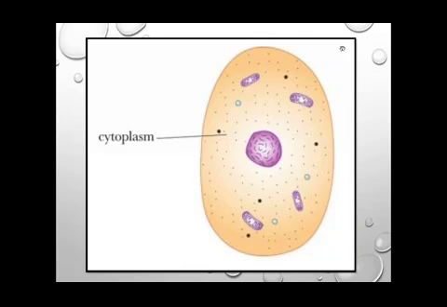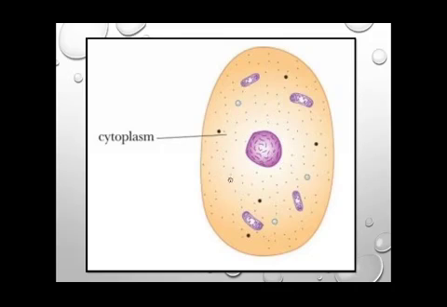Now as you can see in this figure, this is one cell which is surrounded by a cell membrane. Here at the center you can see the nucleus which is surrounded by the nuclear membrane. The fluid substance which is present inside the cell is known as the cytoplasm. The fluid substance which is present inside the nucleus is known as nucleoplasm, and both the cytoplasm and nucleoplasm are separated by the nuclear membrane.